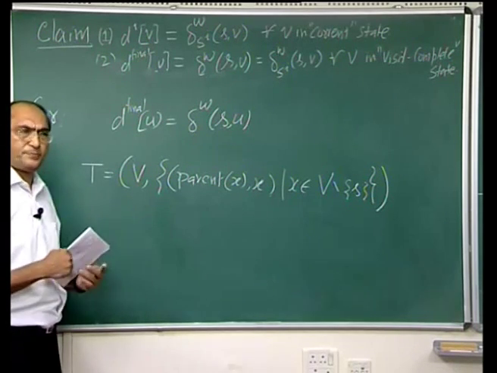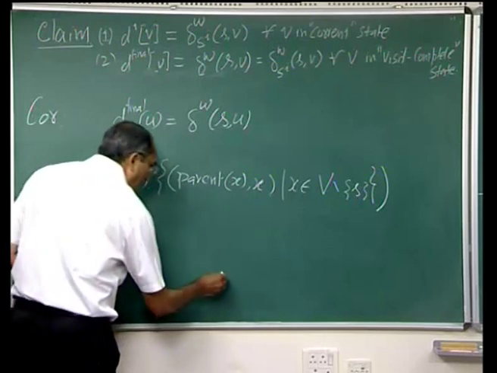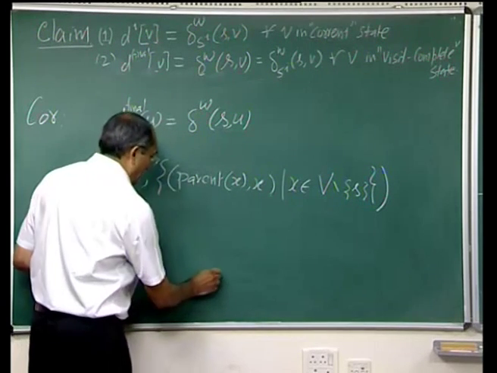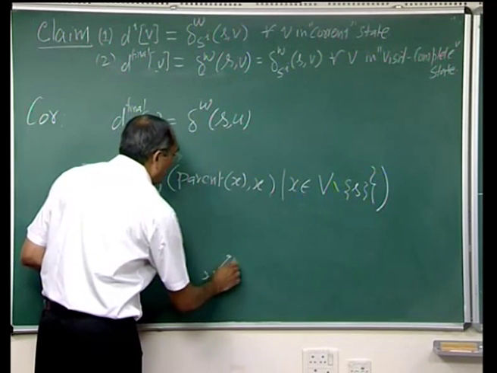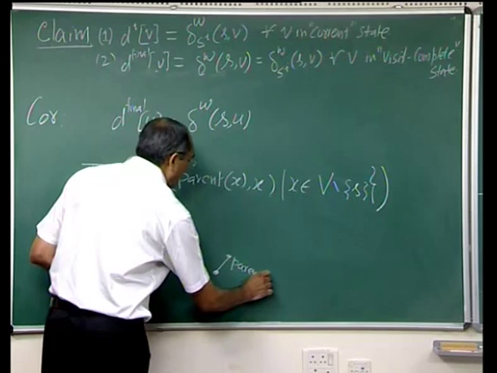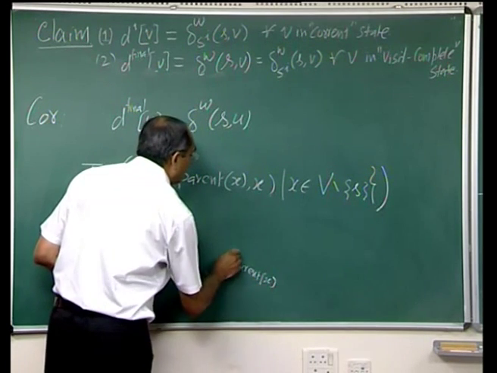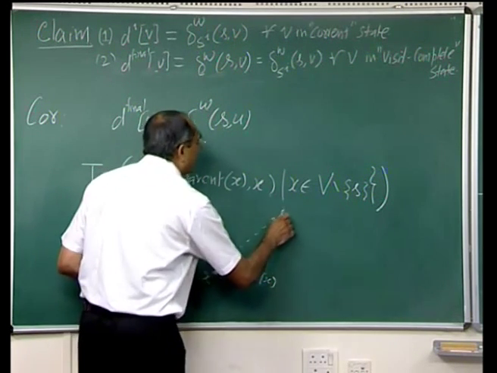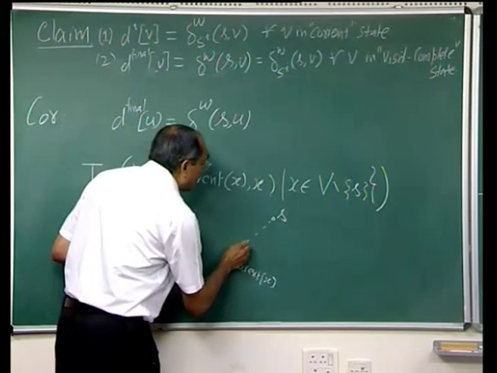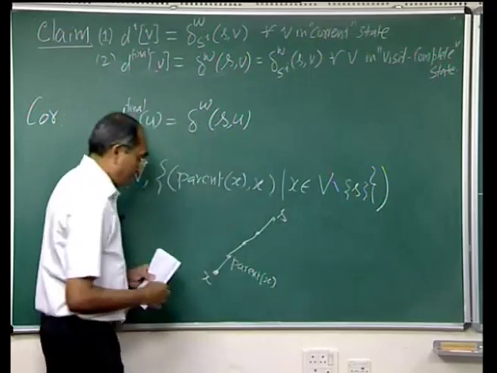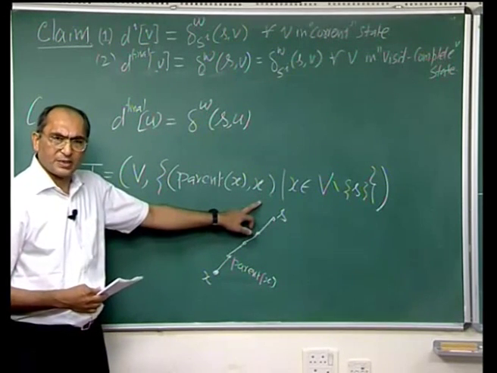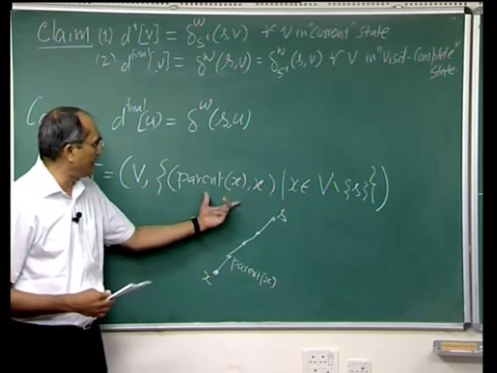The reason is that for any vertex x, if we trace it back, parent of x and so on, we reach S. These edges are part of this graph. This is the set of edges.